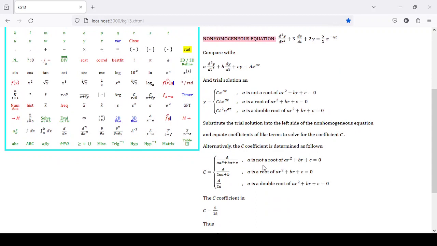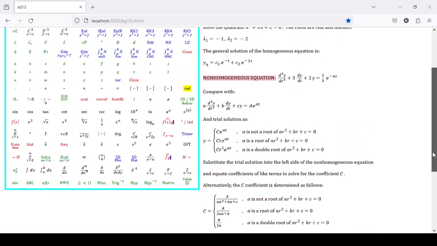If alpha is not a root of the quadratic a r squared plus b r plus c is equal to naught, then C is given by this formula here. If alpha is a root of the quadratic, then C is equal to A over 2a alpha plus b. If alpha is the double root of the quadratic, then capital C is given as capital A over 2a.